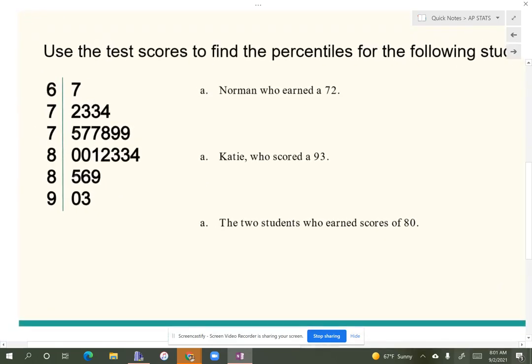Same test scores, we're going to find the percentiles for the following student. So Norman, who earned a 72. Got to remember there are 25 total again. 72 is right here. Looking, there is only one score lower than Norman's out of the 25.